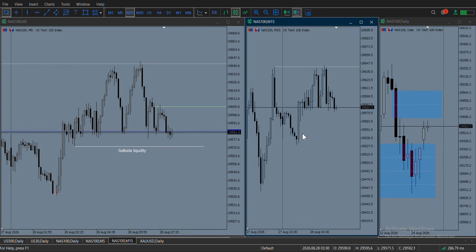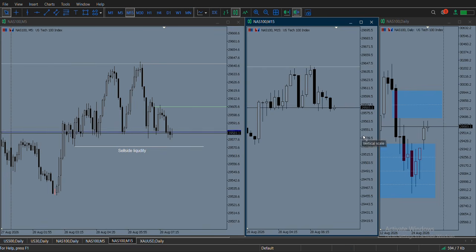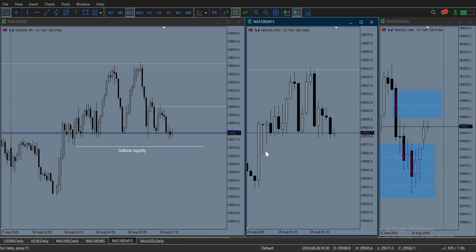On the 15-minute chart here, it's very clear. We have a buy-side imbalance as an inefficiency down here. So this can be a point in price action where price can trade to and offer sell side through that buy side imbalance. So we can trade lower and offer sell side through that.